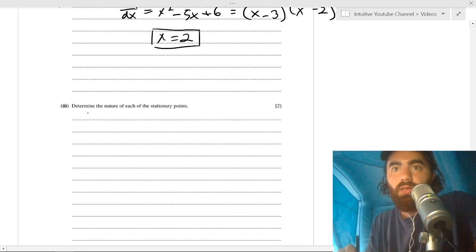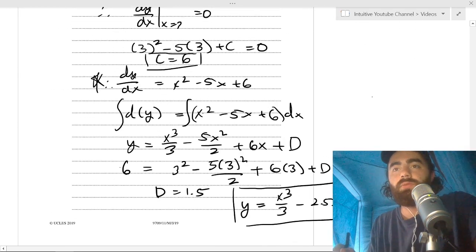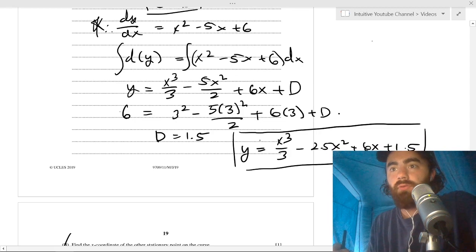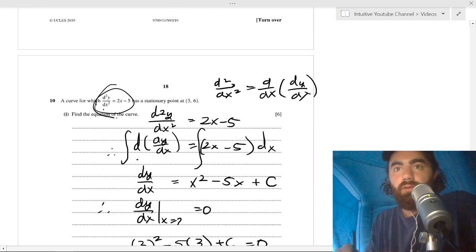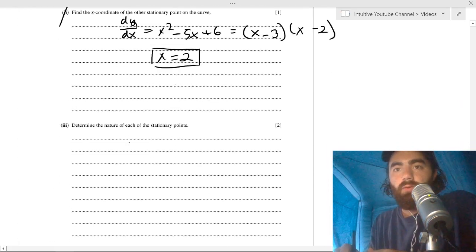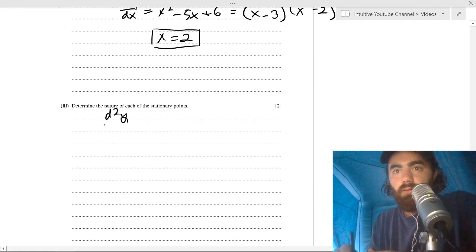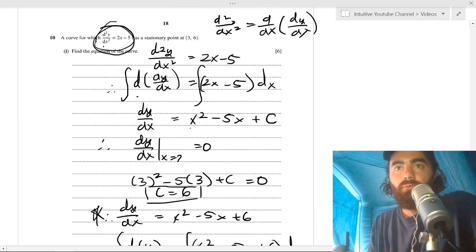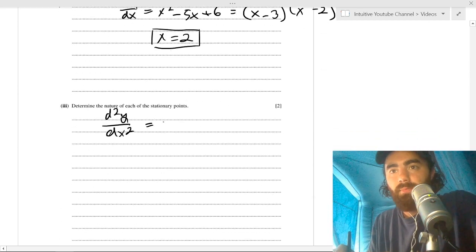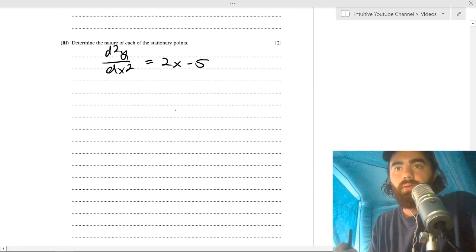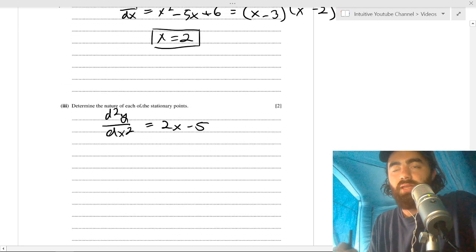And finally, determine the nature of each of these stationary points. Well, that can be found through this equation, the second differential, which equals 2x minus 5. So if we want to determine the nature of each of these stationary points, we just plug this in.